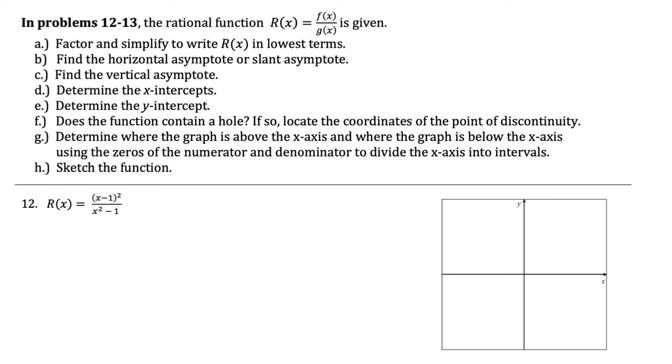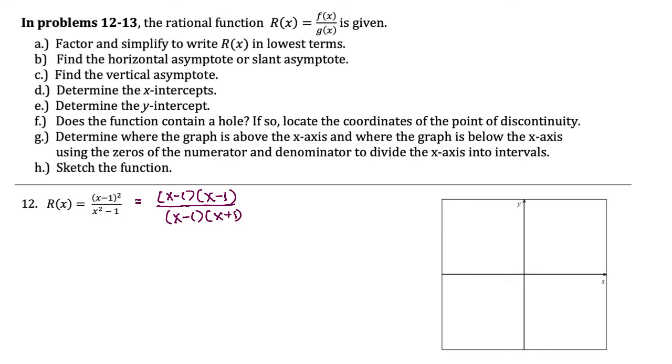Okay, so the next one, here we're going to go through and list out all this information. First thing you need to do, though, is to try to factor. So we've got x minus 1 times x minus 1 over x minus 1 times x plus 1.